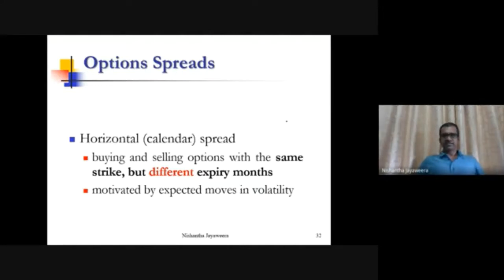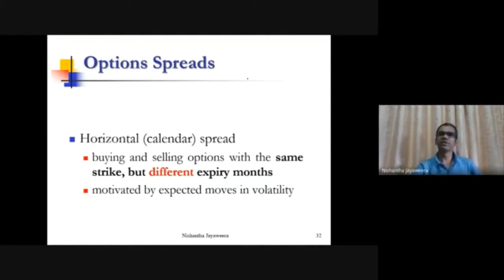Vertical spreads, again, we can divide into two: bear spreads and bull spreads. In a bull spread, what do we do? We buy the lower strike option and sell the high strike option. In a bear spread, we sell the lower strike option and buy the high strike option. That's what we do.